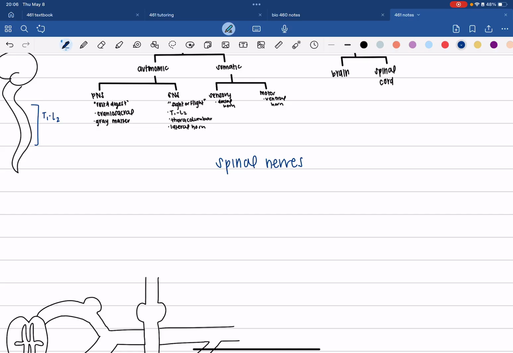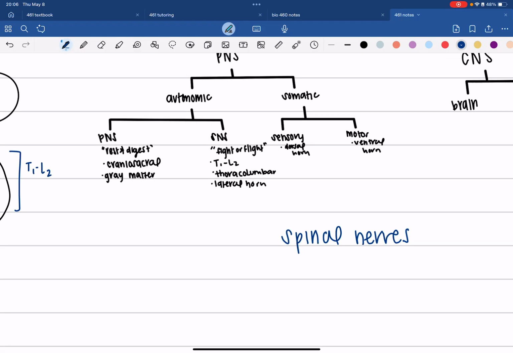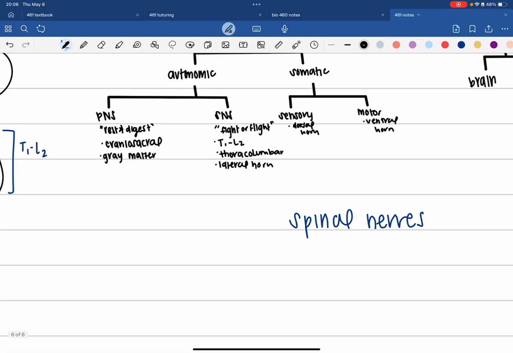Spinal nerves are going to originate in the lateral horn, and they're going to be composed of, actually all of our autonomic neurons are going to be composed of a pre and post ganglionic neuron, so two neurons for all of our autonomic neurons. But then our parasympathetic is going to have a long preganglionic neuron and a short unmyelinated post, where our sympathetic is going to be opposite.